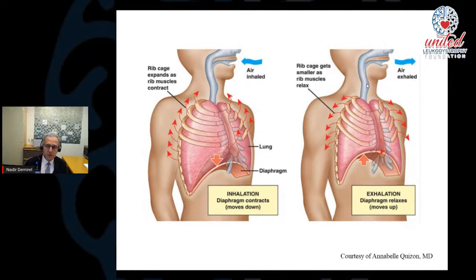When you think about expiration, if you have any obstruction in your upper airway, any obstruction in your lower side of the airway, larger airways, or even in the smallest airways, this obstruction will make your expiration harder. So the air has a hard time to go out. Then you start to use your accessory muscles and expiratory muscles again inside of your ribs. There are muscles specifically used in this kind of situations.